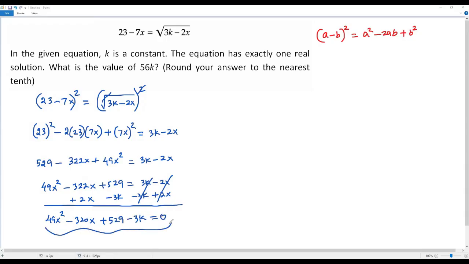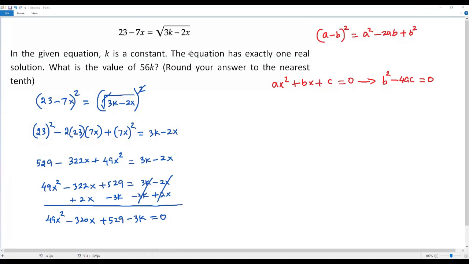Here I am getting a quadratic equation in standard form, ax squared plus bx plus c equals 0. When a quadratic equation in standard form has only one real solution, the discriminant b squared minus 4ac must be equal to 0. Here b is the coefficient of x, a is the coefficient of x squared, and c is the constant term.